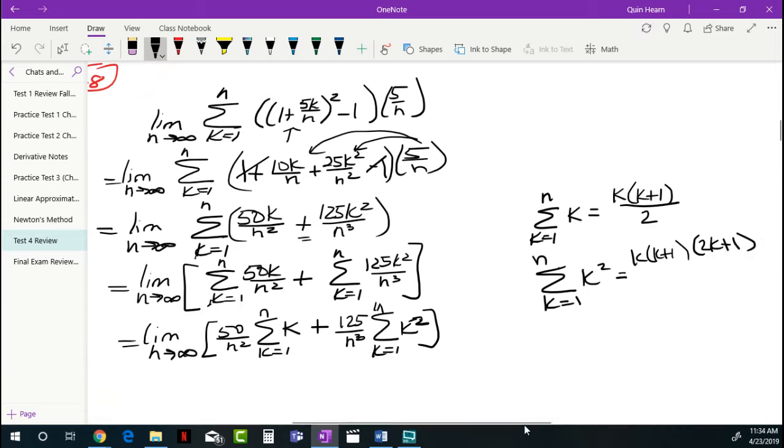And the summation formula, I just want to make sure I'm writing this down correctly.